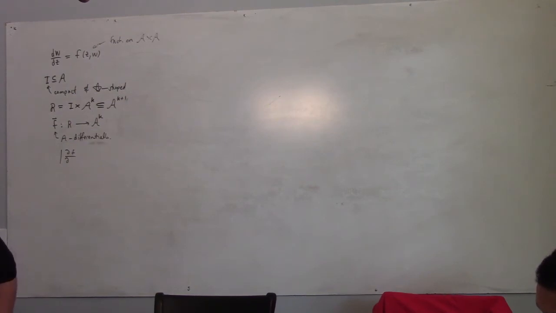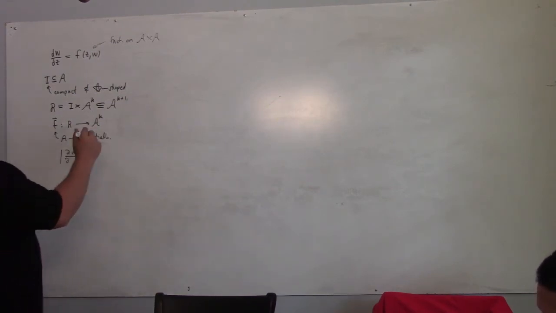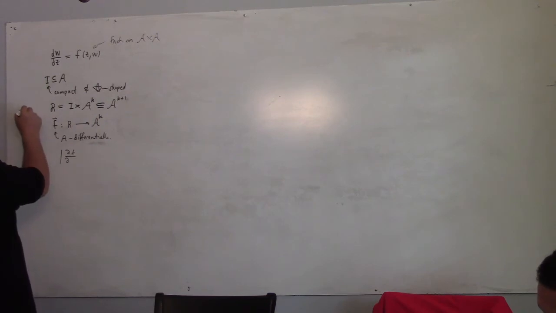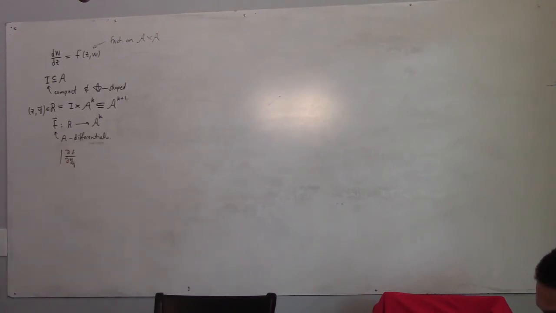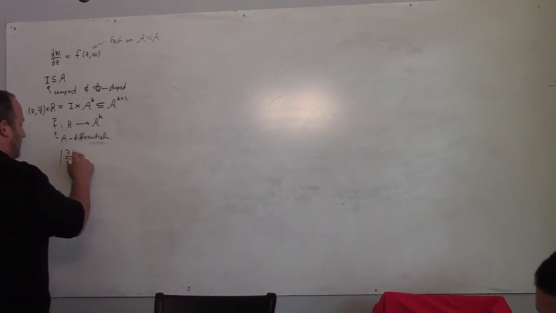Y. So I'm using notation like z comma y vector is an element of this. So y vector is like a vector of variables. So I have partial f, partial y_j, partial f, partial y of z comma y vector.